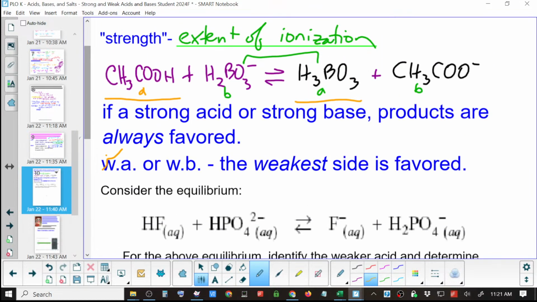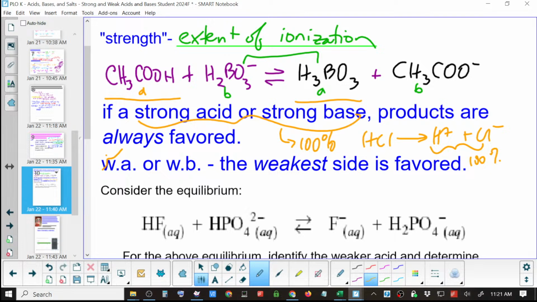If it's a strong acid or a strong base, products are always favored, because if they're strong, they're 100%. HCl goes to H plus and Cl minus, so that a 0.1 molar HCl is 0.1 molar H plus. So obviously products are favored for a strong acid.